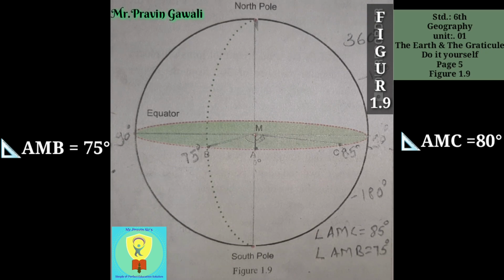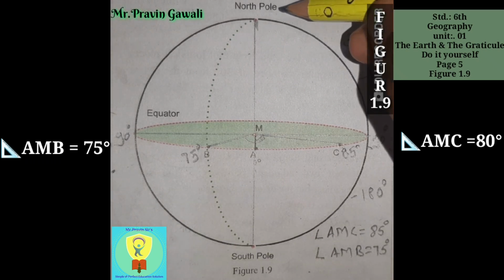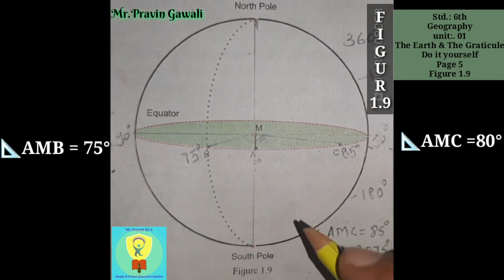Now we have to draw the semicircle which will join the North Pole, then point C and the South Pole, like this.